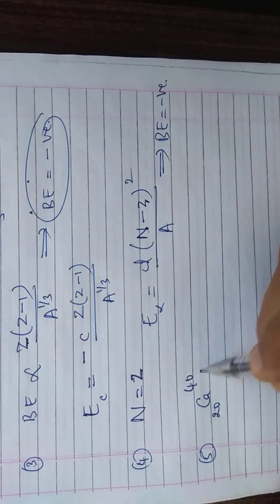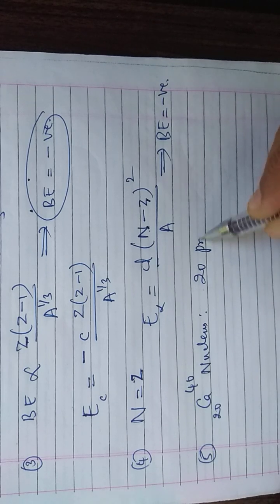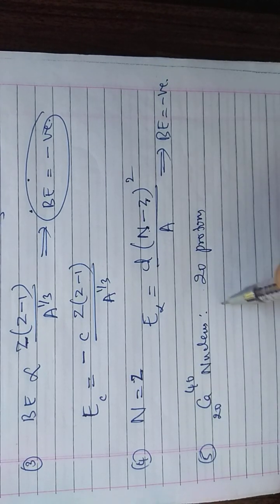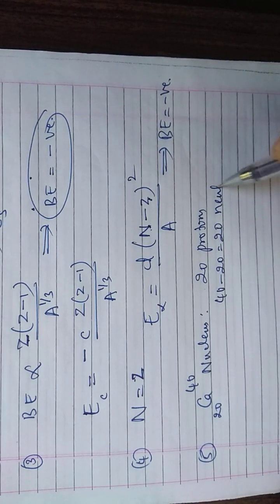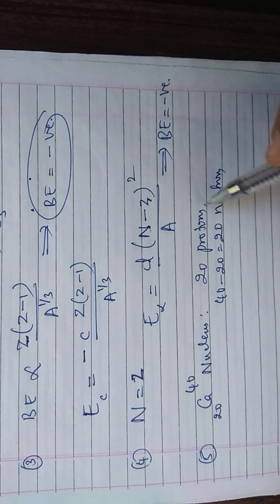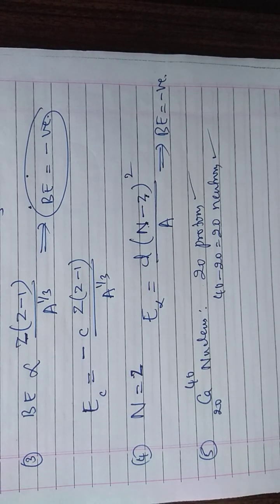This nucleus contains 20 protons and 40 minus 20 is equal to 20 neutrons. 20 is an even number, and an even-even nucleus has more stability. If both are odd numbers, then it has lesser stability. If one is even and the other is odd, there is lesser stability.